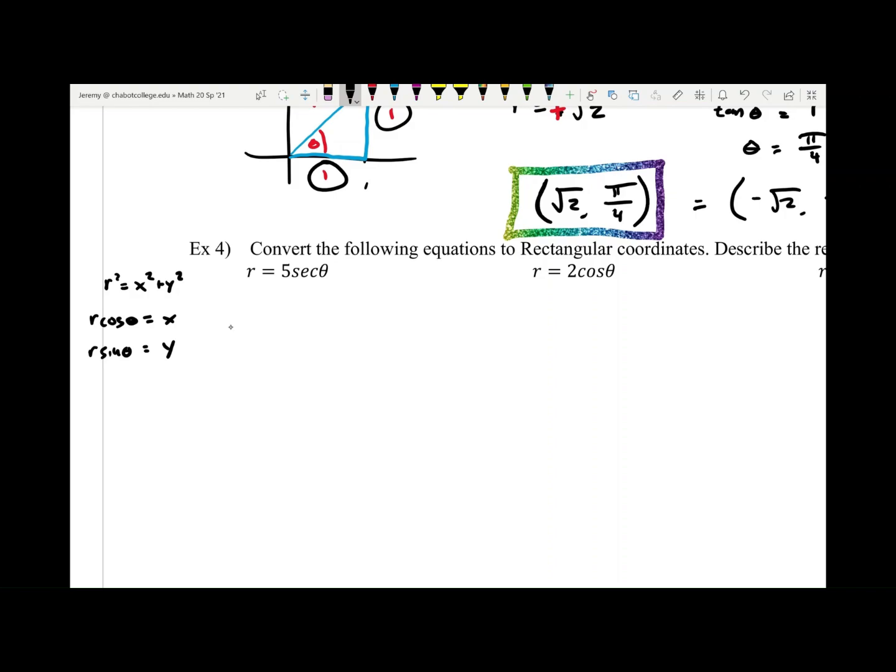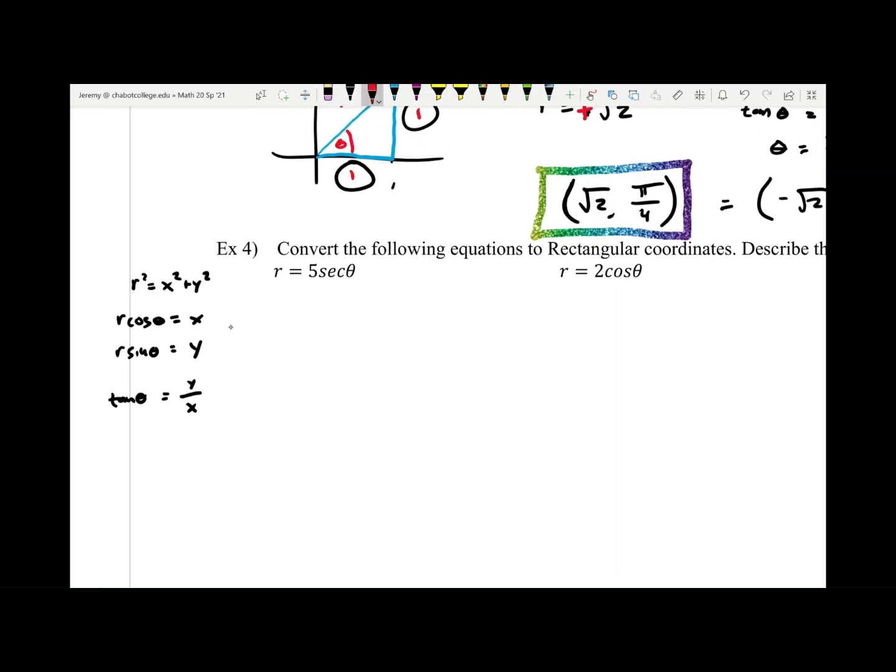And if you have a y over an x, you could replace that with tangent theta. So the goal, if you're going from polar to rectangular, is to spot these types of expressions. Is there an r squared? Is there an r cosine theta, r sine theta, tangent theta? You're hoping these things pop up because you can make these substitutions.